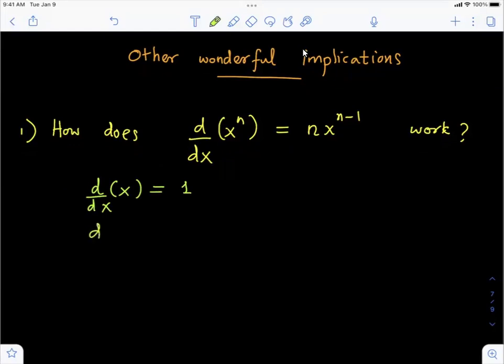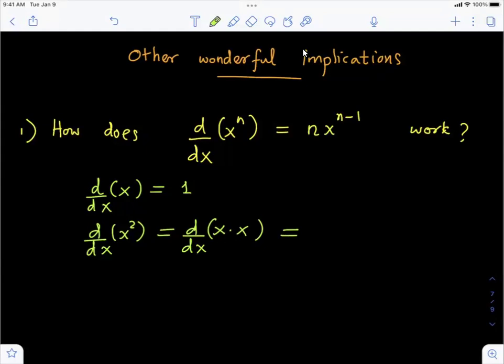And then if I compute the derivative of x squared, now look at this. Don't forget x squared is none other than x times x, right? Now you can use the product rule over this product.